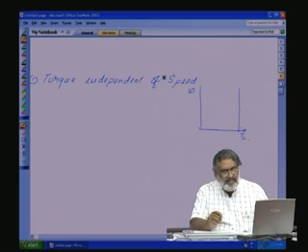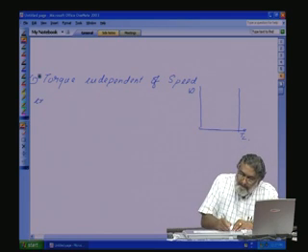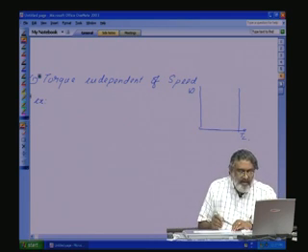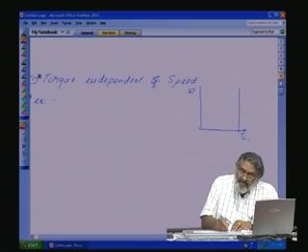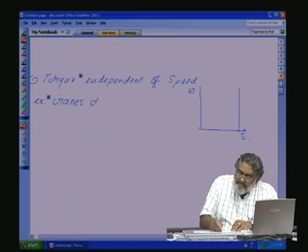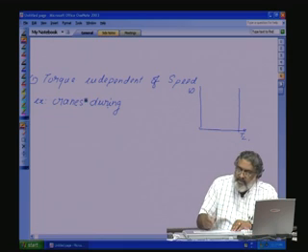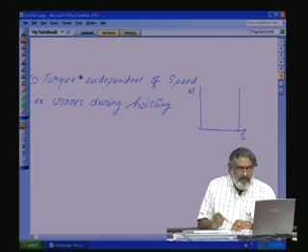So, what are the examples for this one? Example, low speed hoisting, that is cranes during hoisting. That is one.